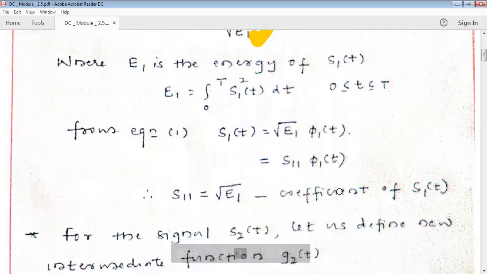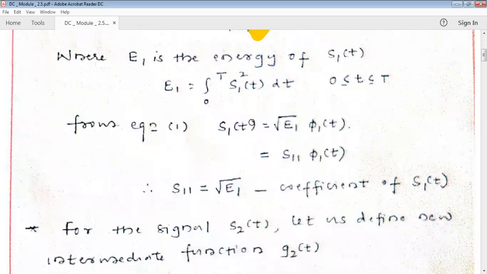The same signal s1 of t can also be expressed in terms of its coefficient as well as phi1 of t. See, s1 of t is a part of the signal set Si of t, and phi j of t is any jth basis function. So j is the index used to denote the basis function, and i is the index used to denote any signal in the signal set Si of t.